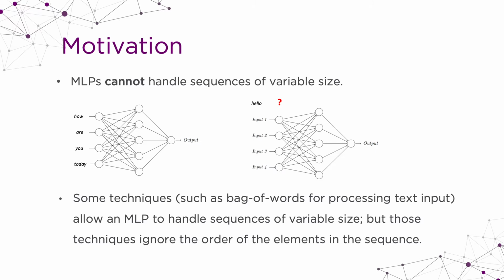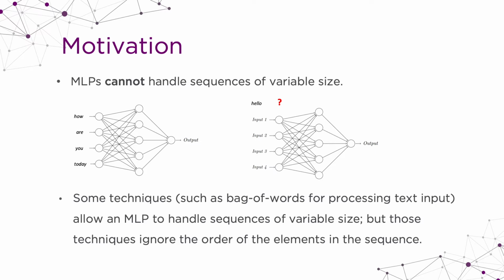But when I move to the example on the right, I have the same MLP, but the number of words is now different, because we said that we don't know how many words we will have in the input. In this case, the MLP cannot work just because the number of inputs in this architecture is fixed. I only have 4 in this particular case, and obviously, I cannot change that dynamically.